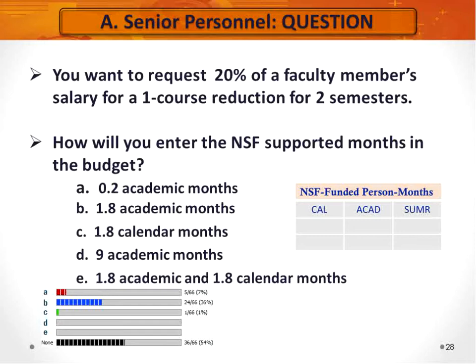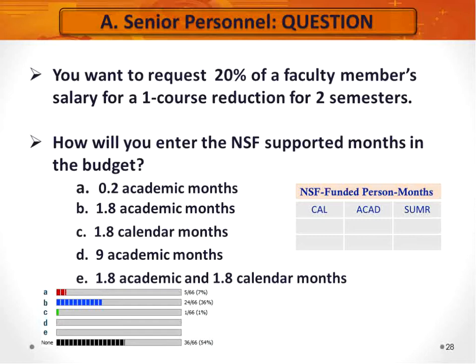Okay, I think at this point this is where I step in. And you can see that 36% of you said it was B, which is 1.8 academic months, and it looks like there's a lot of people that just said none, that weren't participating. All right, so this is actually very similar to the prior example. The idea here, first of all, is you're looking at a faculty member, so you would not use calendar month, right?